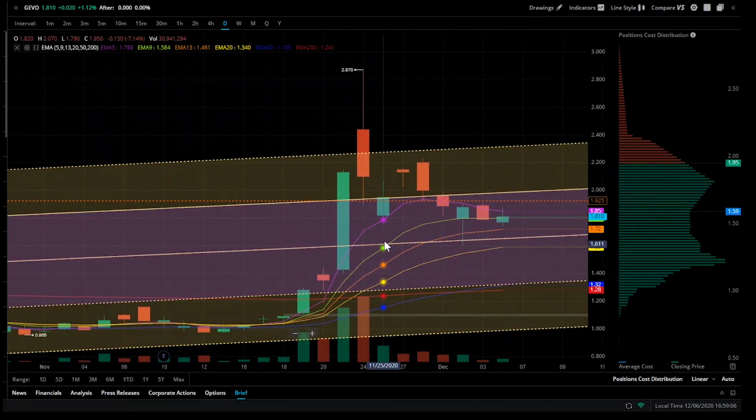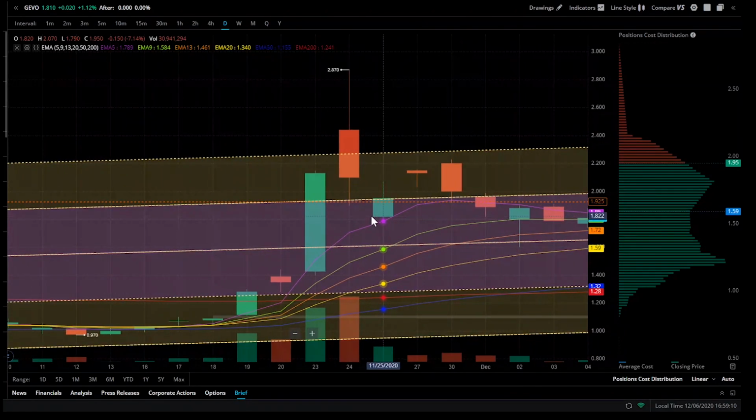And this was a little bit tricky because it dropped, right? So this is where it opened. It dropped all the way here, which we can see is the 5 EMA, the exponential moving average of the last 5 days. So it respected this one, and then it went all the way back up here, and then it closed here.